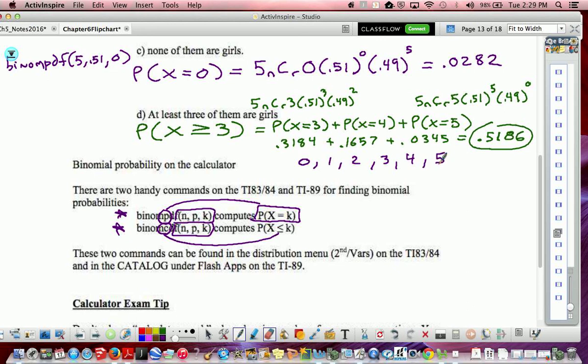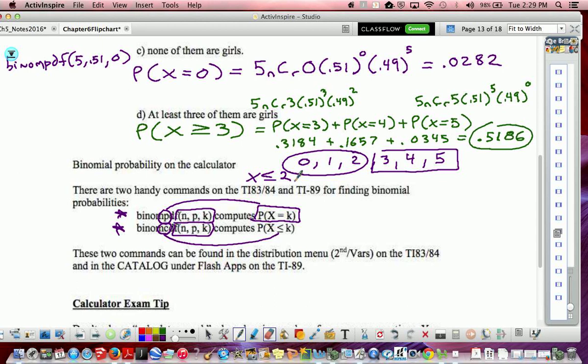So these are the 6 different possibilities, and this is what I want. I want 3 through 5, don't I? What should all these possibilities add up to? 1. What is this? This is less than or equal to what? Not 3, but 2. It's 2, 1, and 0, so it's less than or equal to 2.